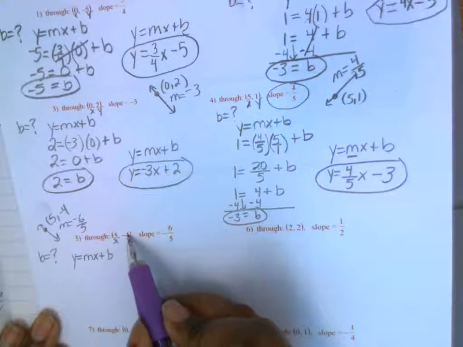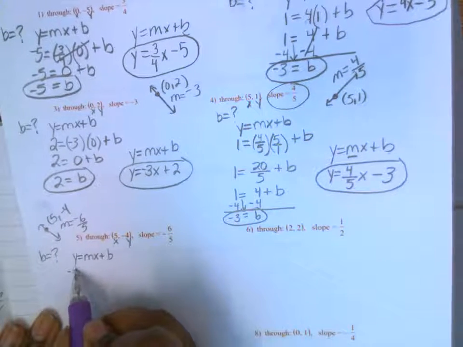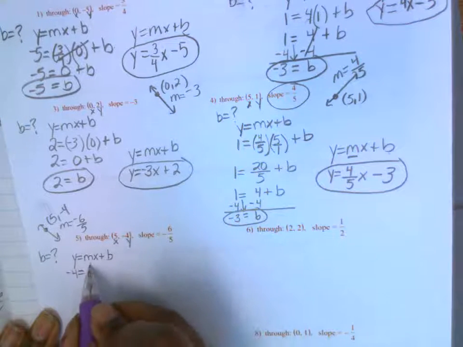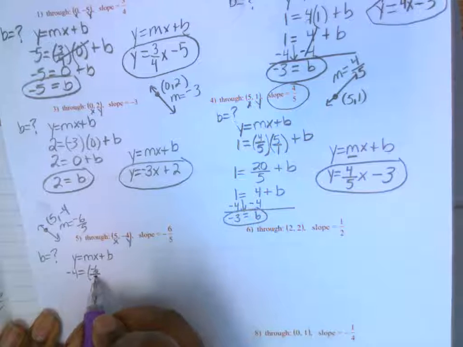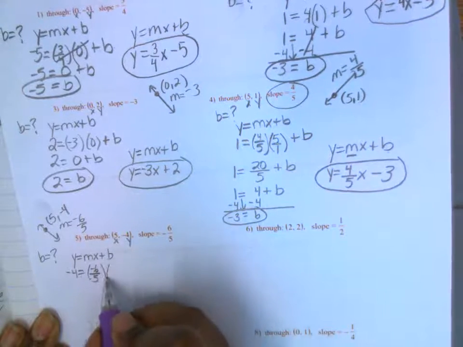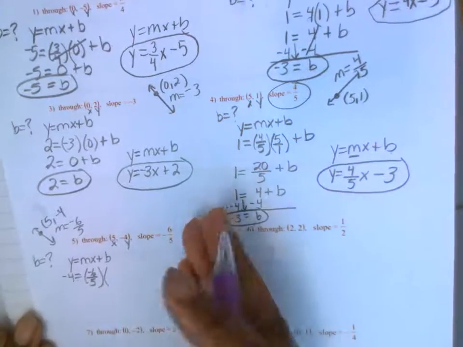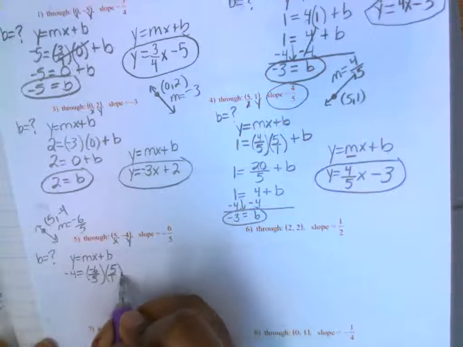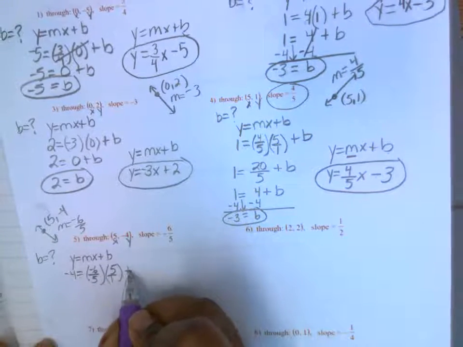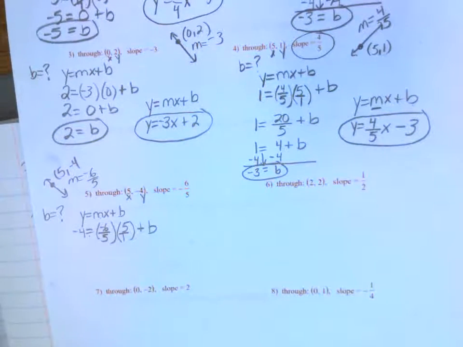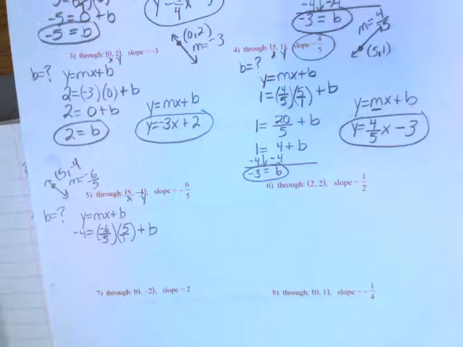So my y is -4, that's my y-coordinate. M is -6 over 5 times my x, which is 5. If I have a whole number, to write it as a fraction I just put a 1 under it. Bring down the plus b. I'm going to pause to make sure you understood that all I did was substitute the values in.